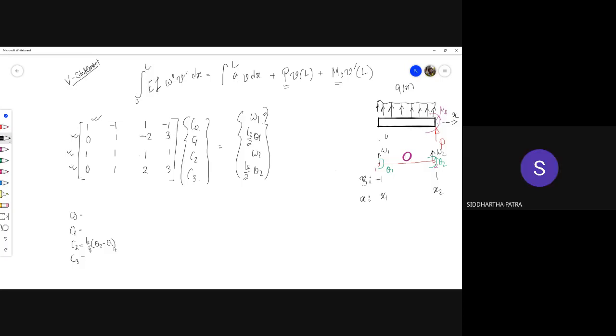Oh, minus C2 theta 1. You're supposed to subtract this from this.